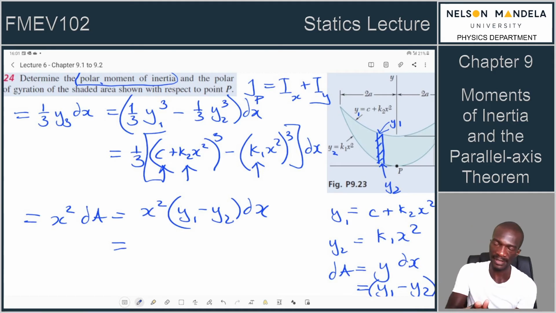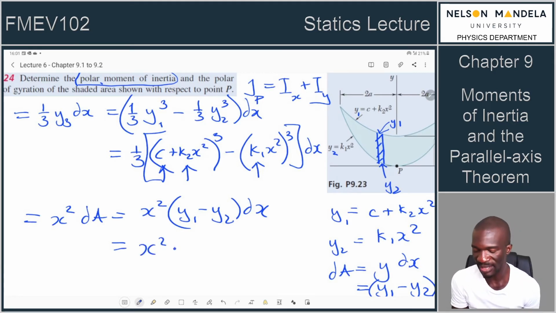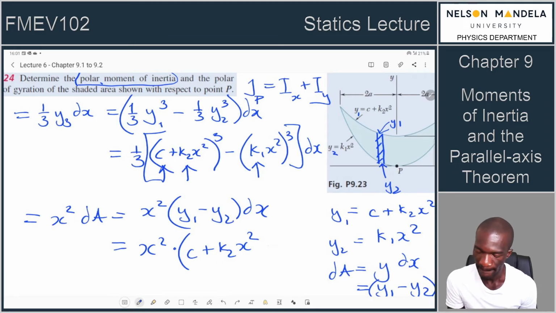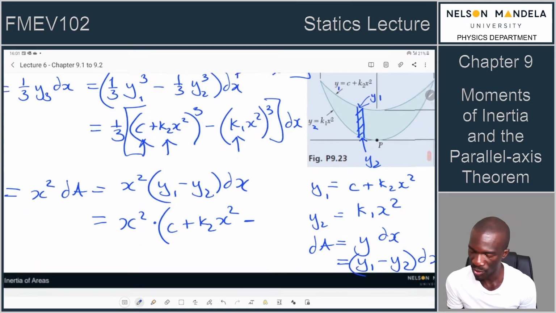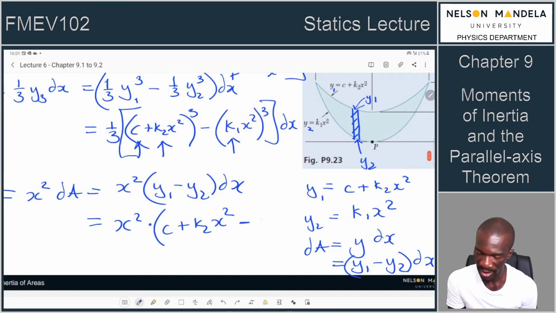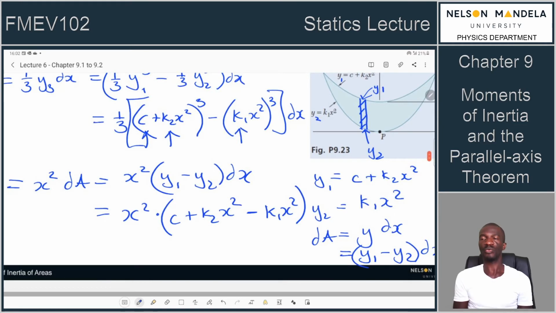We subtract them, we obviously find x squared now being multiplied by a function of x only. So that would be c, it should be some a or b, plus k2x squared. This k2, you will have converted it, minus y2, which is k1x squared, and I think then you are safe.